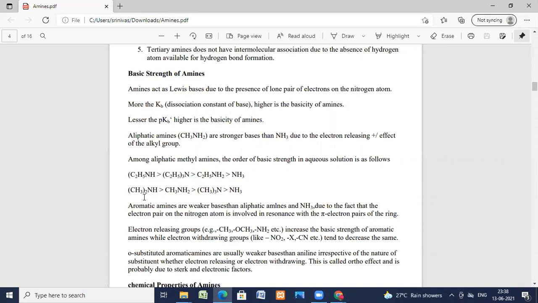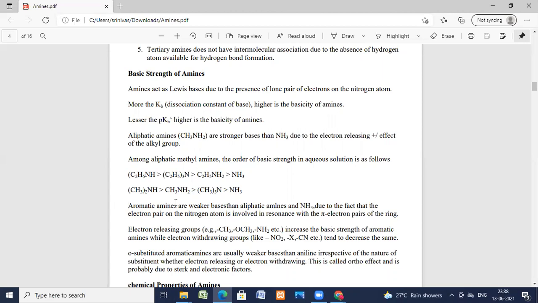Due to steric hindrance, the order differs, but the more the alkyl groups, the more is the basicity, because these are plus I groups which donate electrons, thereby the basicity is increased.